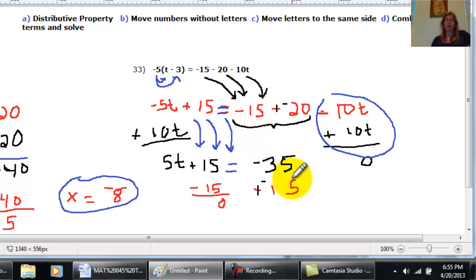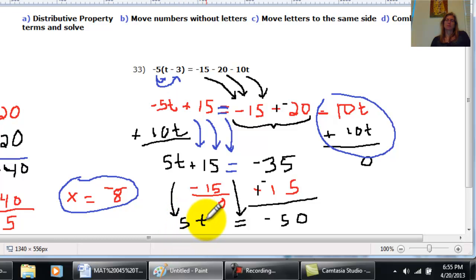So you're adding, again, 35 and 15 is 50. So you have negative 50. Bring down the equal sign. And this gets a little messy, and it's hard because I can't type. This is gone, and now you're bringing down the 5t. So 5t equals negative 50.